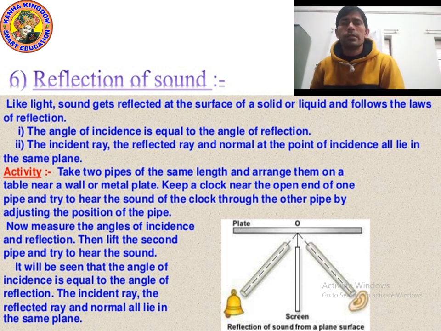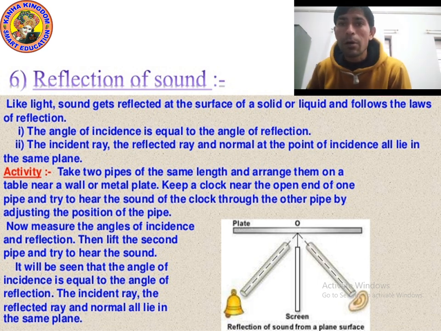Law number two: the incident ray, the reflected ray, and the normal at the point of incidence all lie in the same plane. Incident ray means the sound waves which are falling. Reflected ray means which is bouncing back.